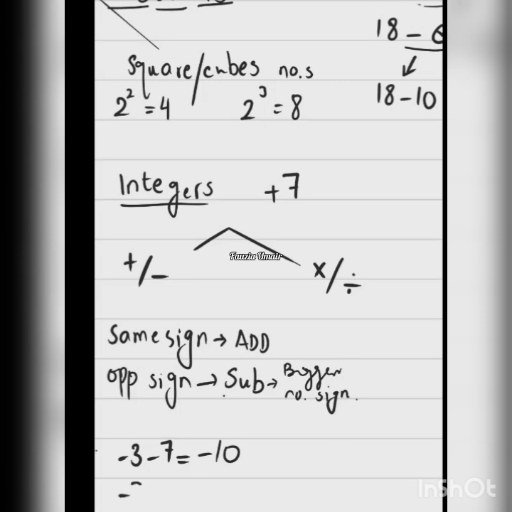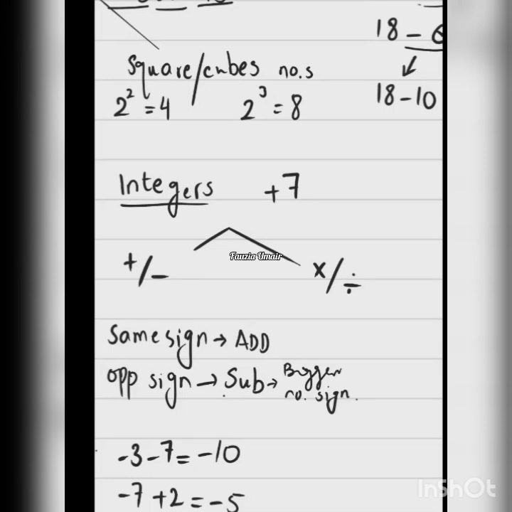So -7 plus 2. Hashim, what is the answer? -5. Very good. So Shahir, what is the answer of -7 -5? -12.